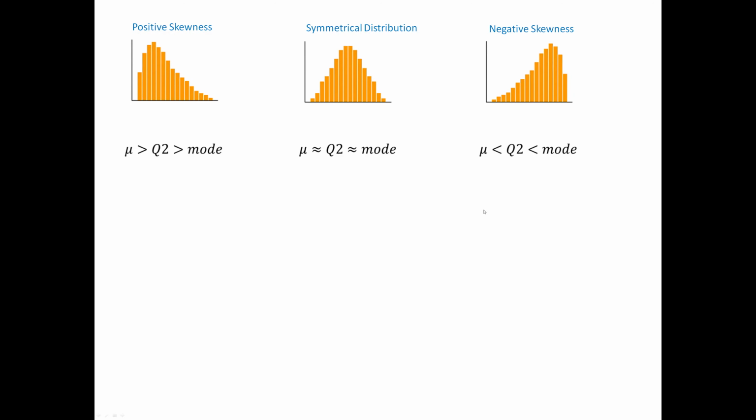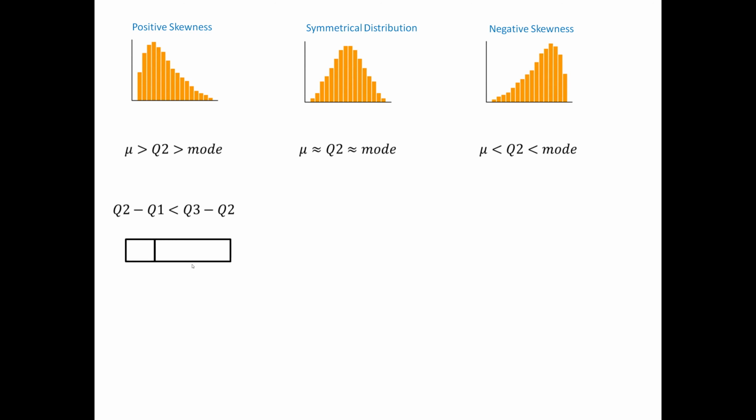However, this is not the test we're going to use in this question, because we don't know the mean and we don't know the mode, and it's also told us to use the quartiles and the median. So the test we actually need to use is this one, where we compare Q2 minus Q1 with Q3 minus Q2.